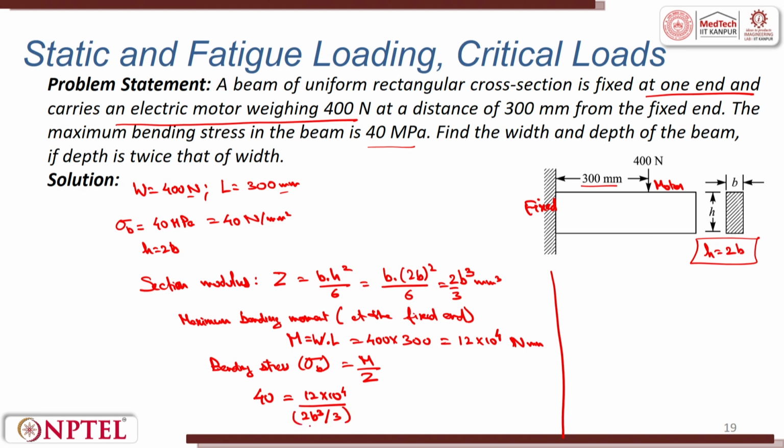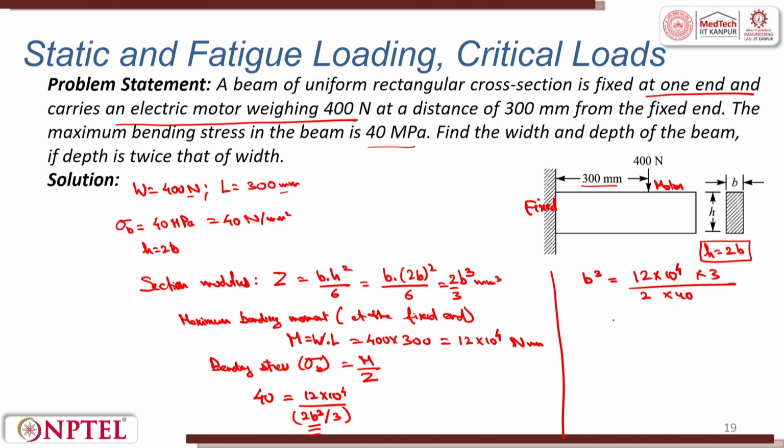Right? There's only one unknown here, that is b. This value we can calculate from here. So which gives me b cube is equal to 12 into 10 raised to power 4. This 3 goes above, into 3 is divided by 2 and 40 comes down here.